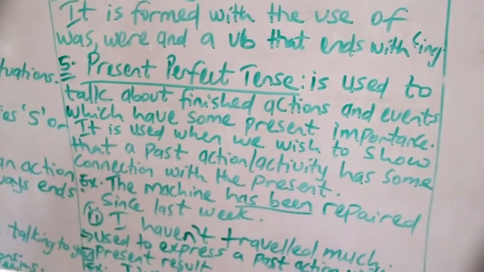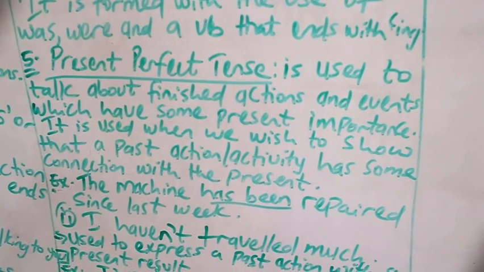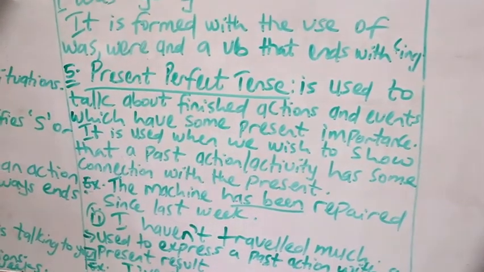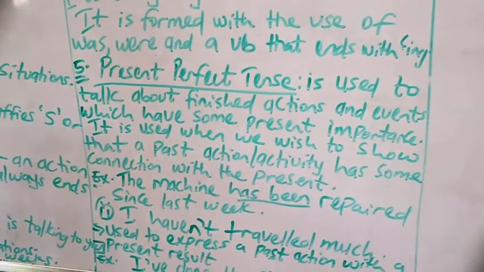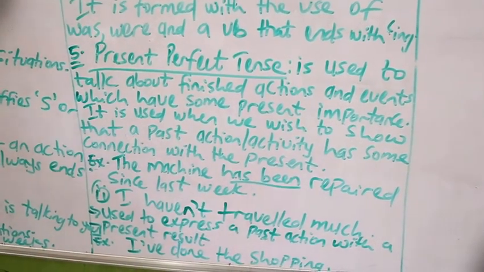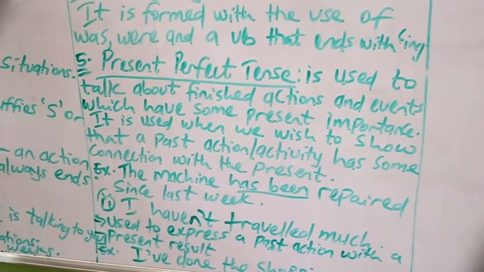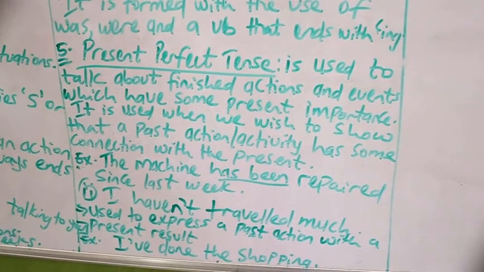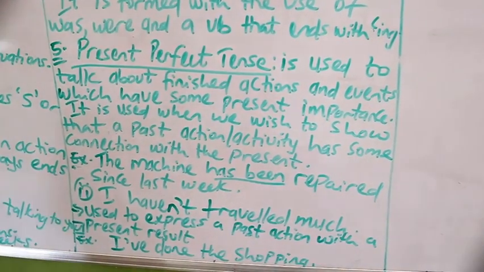It is used when we wish to show that a past action or activity has some connection with the present. For example, the machine has been repaired since last week. The action we're talking about is one that has finished, but still spills over to the present. It has connection with the present situation.